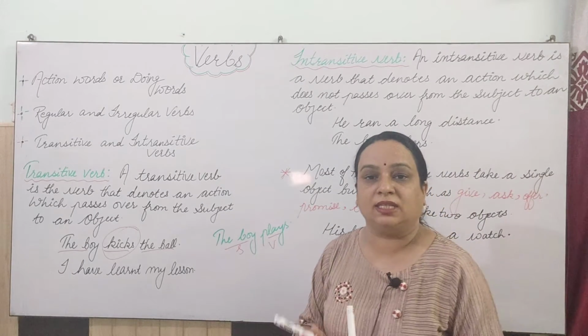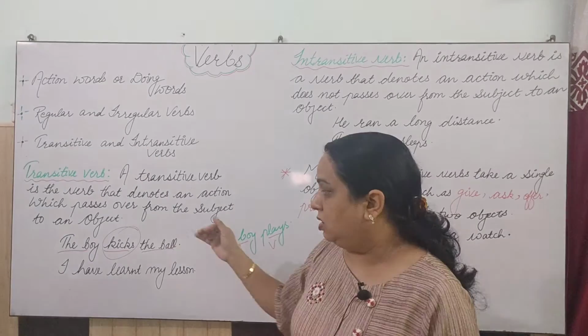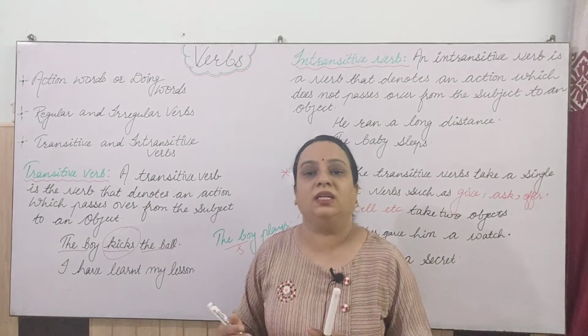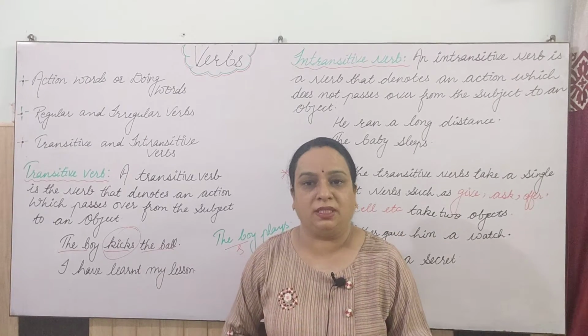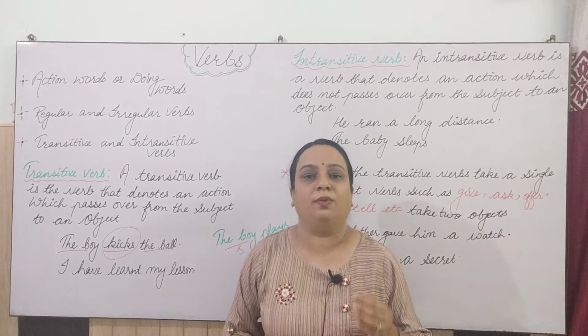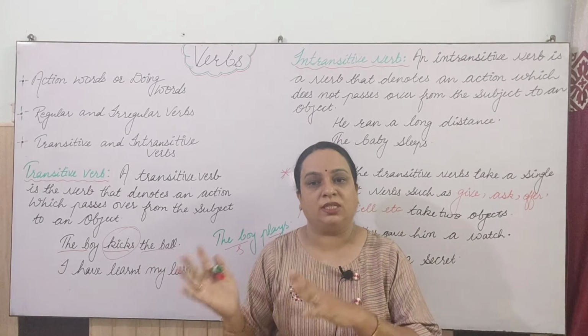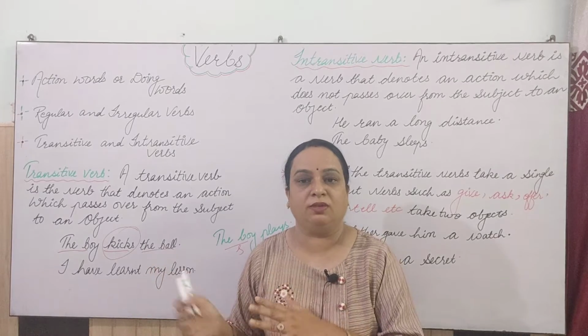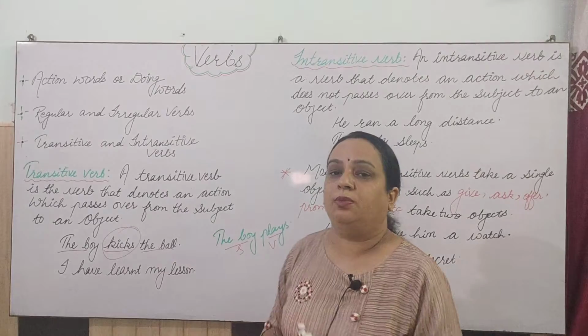So this plays is an intransitive verb. One more clue I want to give you for finding transitive and intransitive verbs. I just taught you active and passive, and you must have read that in your previous classes also. You know what active and passive is, the active and passive forms of the tenses. Now, the boy kicks the ball.